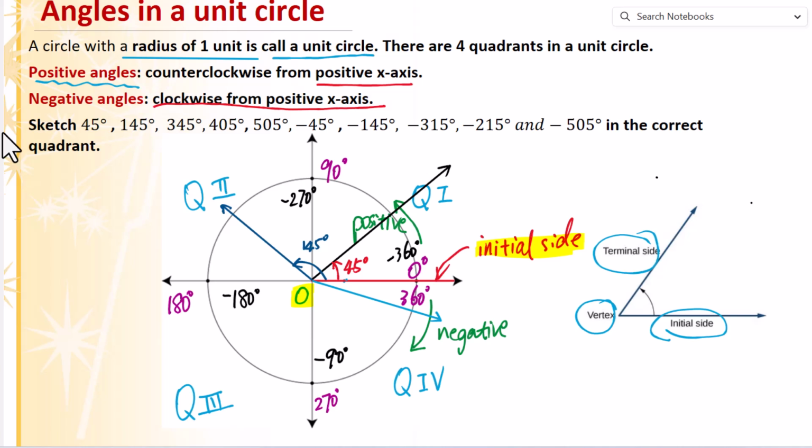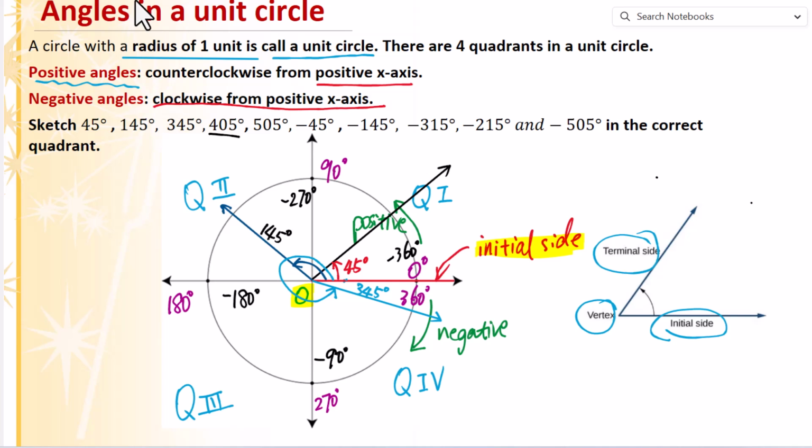Remember, the initial side is a positive x-axis. So this is 345 degree. Let's write the degrees on the terminal side.